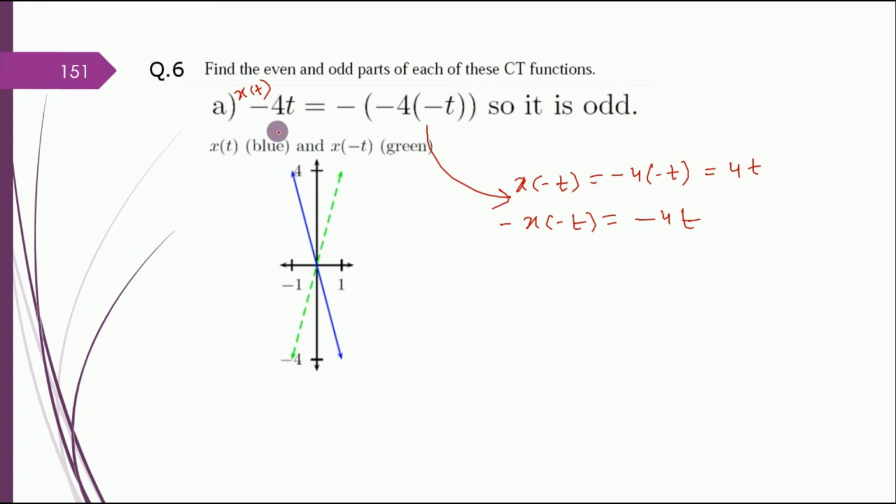So x of t is minus 4t and x of minus t is 4t. This is 4t, this is minus 4t. So hence x of t is not equal to x of minus t, hence it is an odd signal. And if I draw it in this way, it looks like this is even and this is odd.